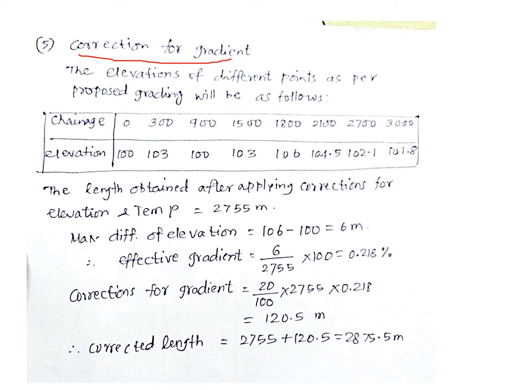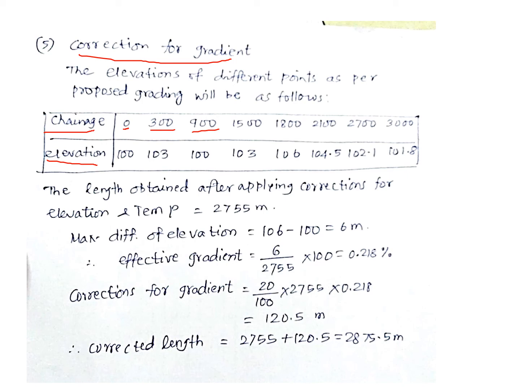So take the help of the table given in the problem, with the chainage and the elevation. In the problem the values given, let us say for 0, 300, 900 meters, are in percentage. So the question is how much is the rise in elevation for all the different chainages. We have to convert this to the equivalent in meters of distance.